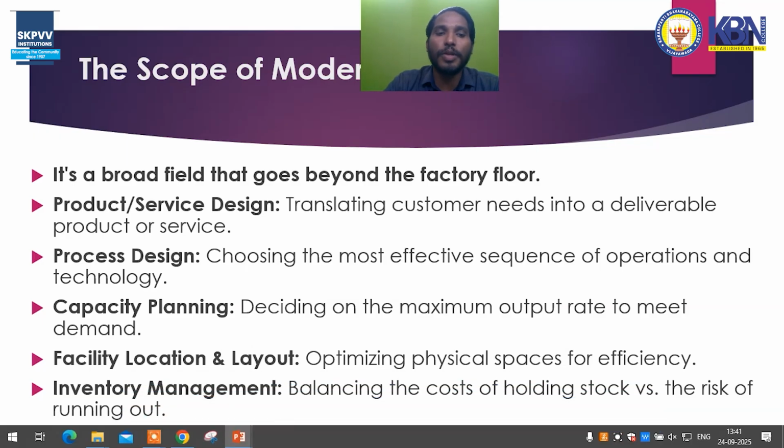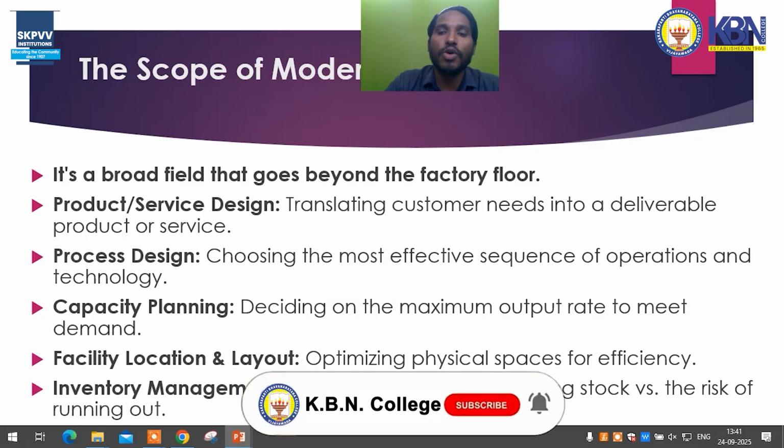This is optimizing physical spaces for efficient workflow on the factory floor. Coming to inventory management, it balances the costs of holding inventory versus the risks of running out.